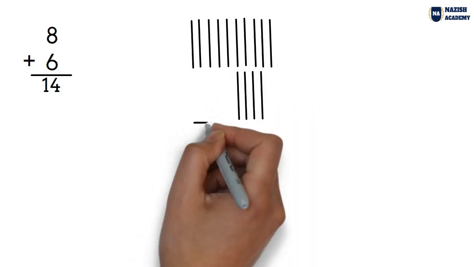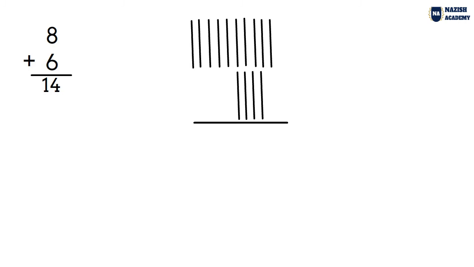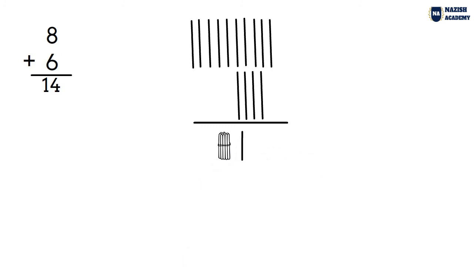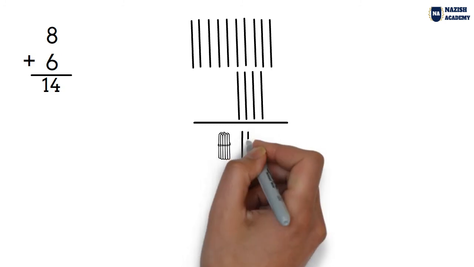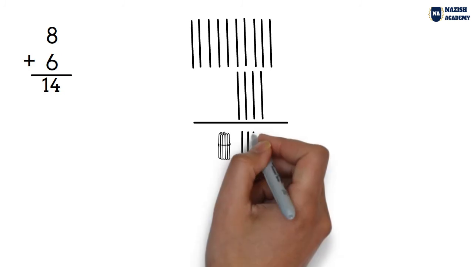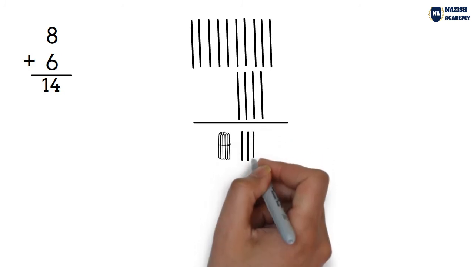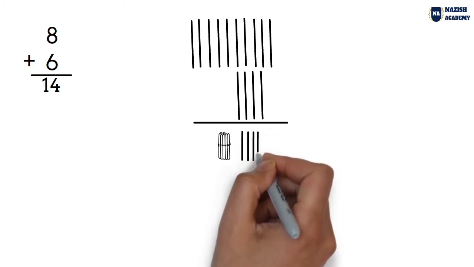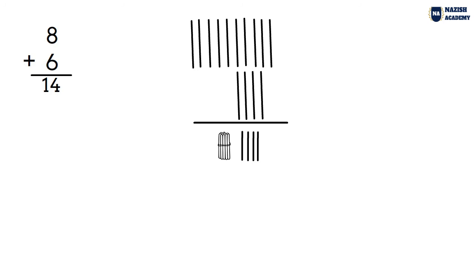How many altogether? How many sticks are there? Let's count. 10 sticks. 1, 2. I added 4 more sticks. Then I got how many altogether? 14. We can also write it 10 plus 4 is equal to 14.